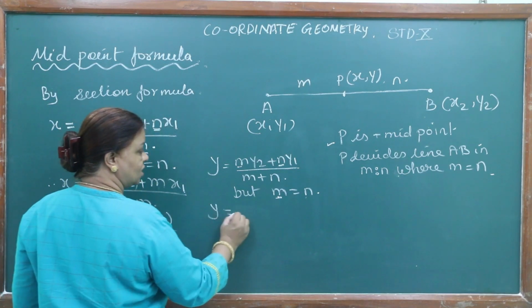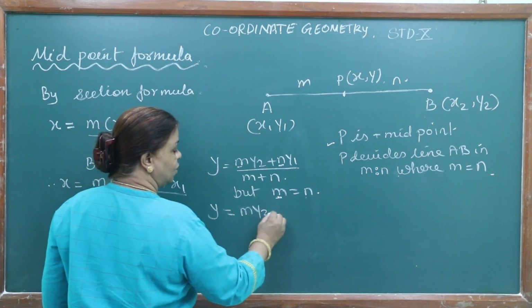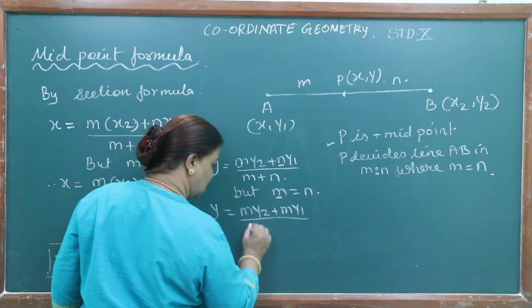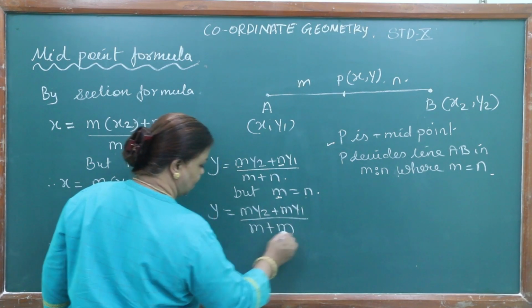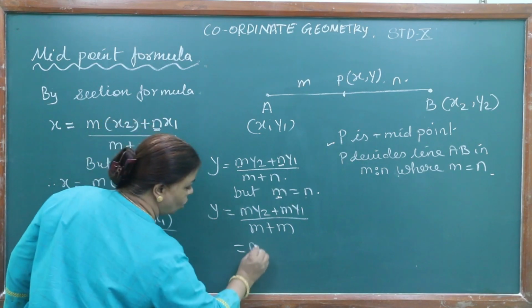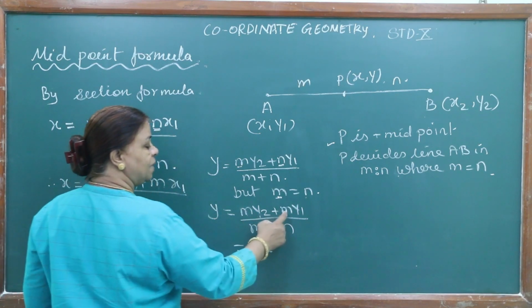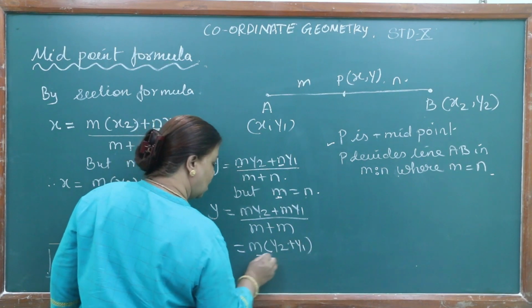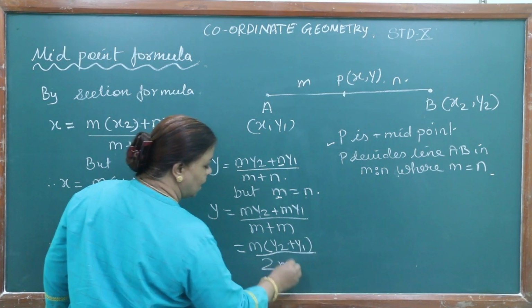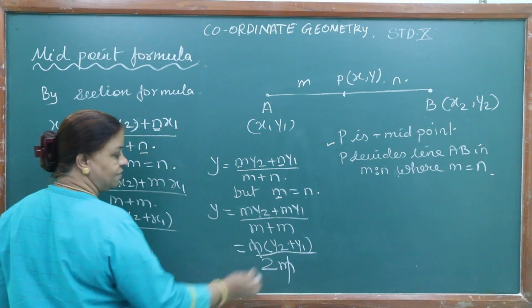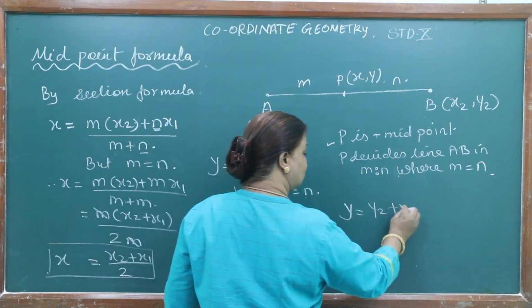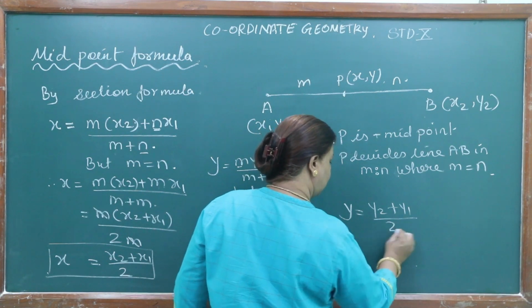So I get y is equal to my2 plus my1 upon m plus m, which is equal to m common. Here is also m, here is also m common. y2 plus y1 upon what? 2m. m and m get cancelled. So y will be equal to y2 plus y1 upon 2.